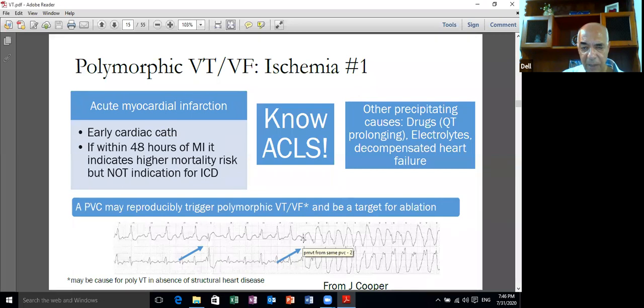These PVCs, particularly if they are early and producing an R on T phenomenon, can be the inciting point of polymorphic ventricular tachycardia. If they are unifocal, then they are subjected to ablation, and this will be satisfactory treatment. This is the only type of polymorphic ventricular tachycardia that is targeted for ablation, so it shouldn't be mistaken.